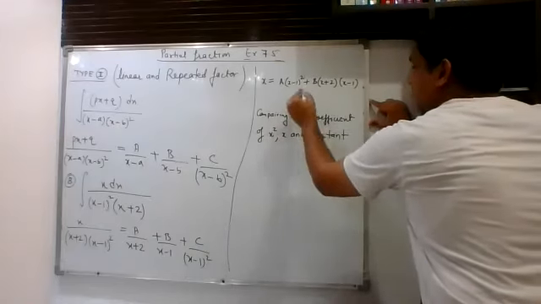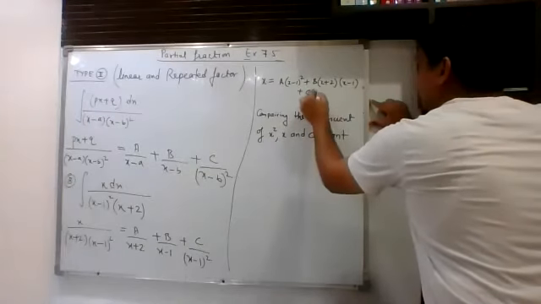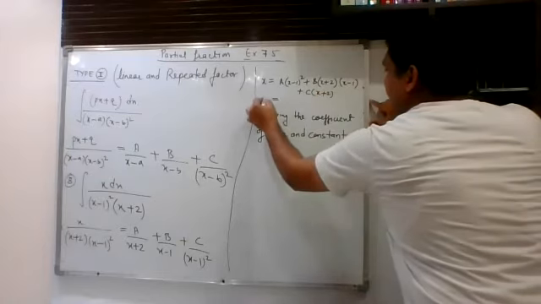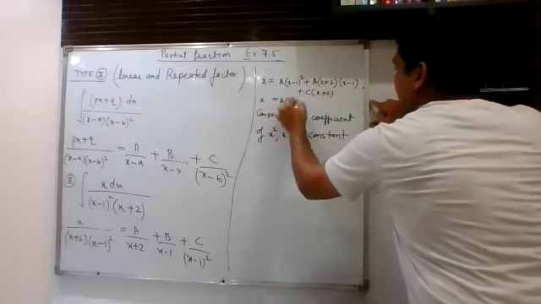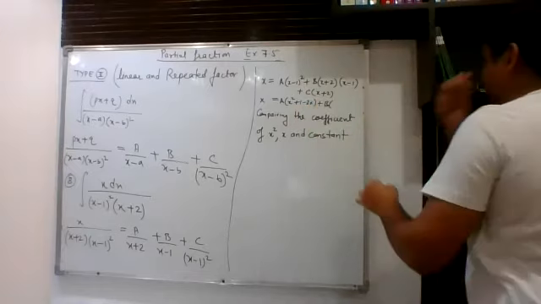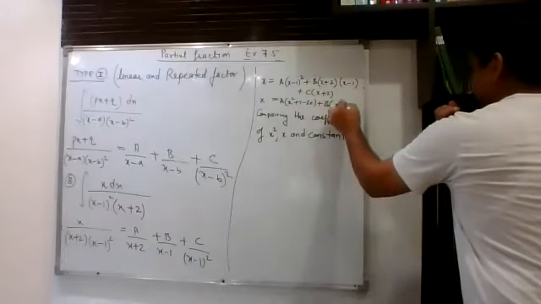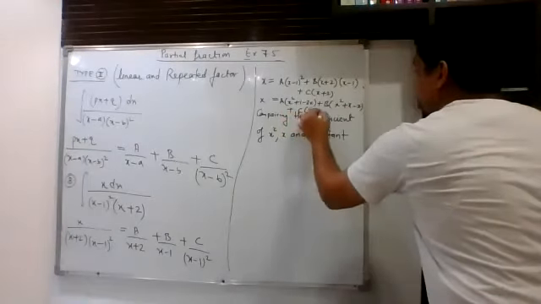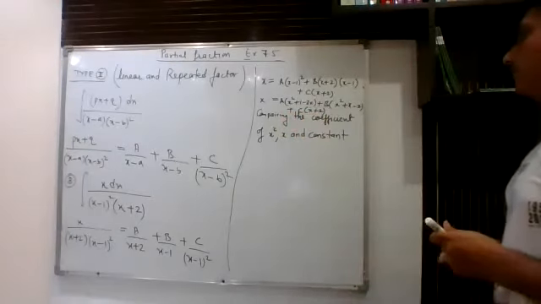This is x equal to a into (x minus 1) whole square plus b into (x plus 2)(x minus 1) plus c into (x plus 2). So this can be written as a into (x square plus 1 minus 2x) plus b into (x square plus x minus 2) plus c into x. Now it is easy to compare the coefficients.